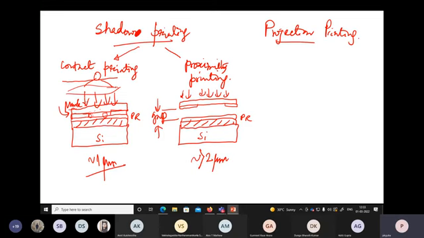So in the contact printing technique, there is a chance of low lifetime of the mask.